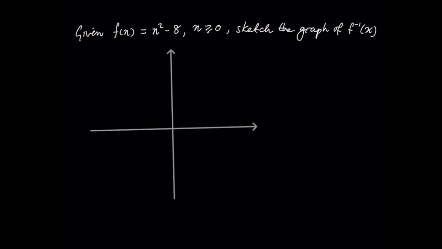In the final example, we'll sketch the function f of x is equal to x squared minus 8 on the domain x is greater than or equal to 0. We'll use this to sketch the graph of f to the minus 1 of x, and we'll find the domain and range of the inverse function. x squared minus 8 is going to cut the y-axis at negative 8, and it'll cut the x-axis at 2 root 2.